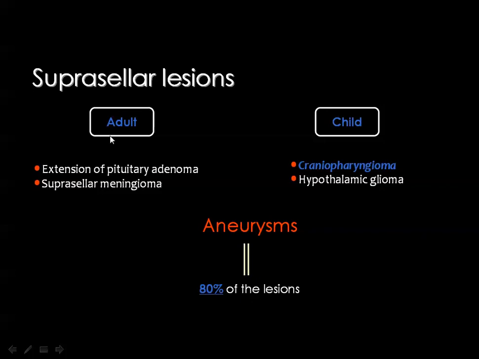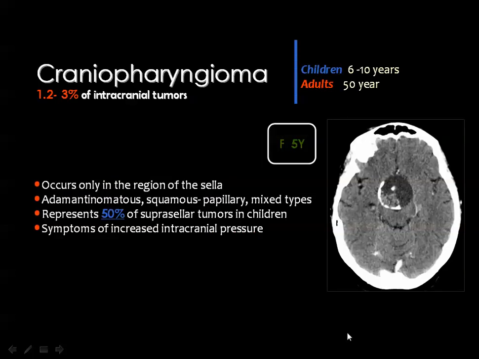In cases of adults, the suprasellar meningioma comes next to the suprasellar extension of the pituitary adenoma. Then aneurysms are equally distributed in both ages, and aneurysms are considerably common in the suprasellar area because of the presence of the circle of Willis in this particular anatomic structure.